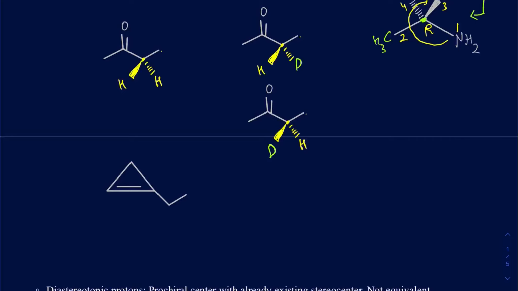So all of a sudden, these two structures that I have drawn here are going to be the enantiomers of one another. Since they are the enantiomers of one another, these two protons originally are the enantiotopic protons. So always keep in mind, in enantiotopic protons you're going to have a prochiral center.